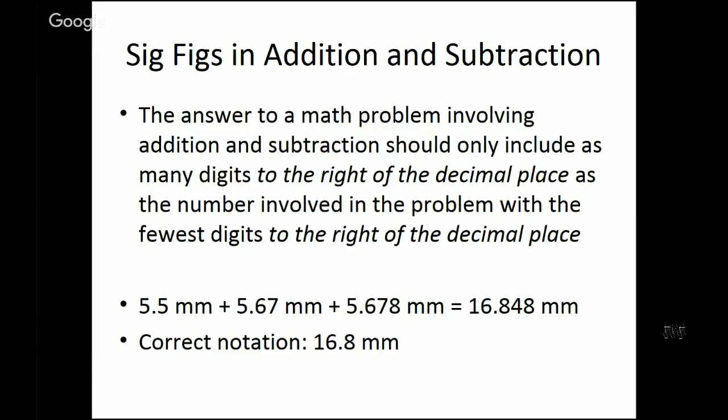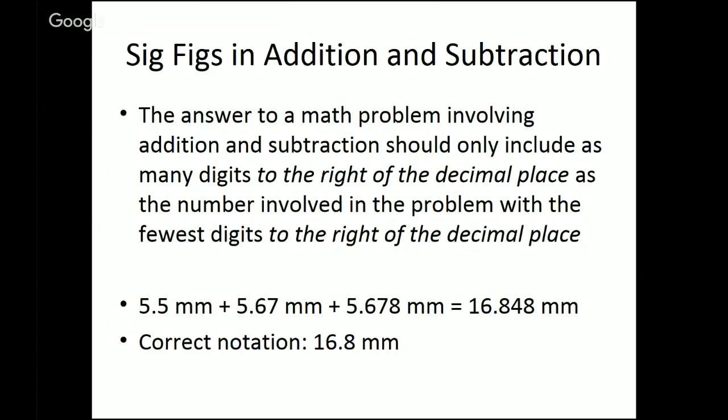All right. Next, you'll find yourself doing addition and subtraction problems in certain situations. Not all of the numbers will have the same number of significant figures, and so you need to understand how to report your answers with the correct number of significant figures. So what are the rules for addition and subtraction?